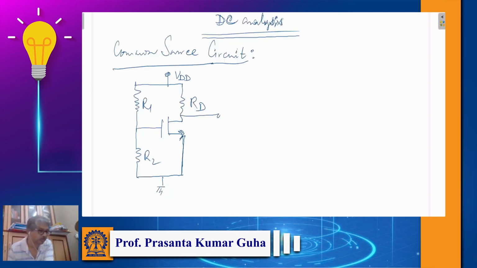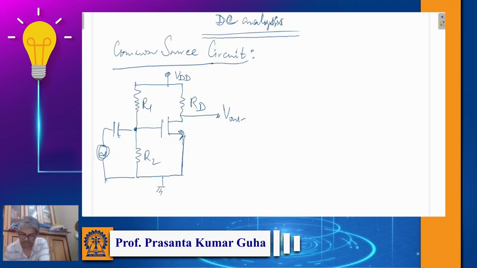Usually we take output from here, and this can be your input, that we will discuss in the amplifier section later on. Let's not bother about this part. So this is a typical common source circuit where the source is grounded, or in between input and output.